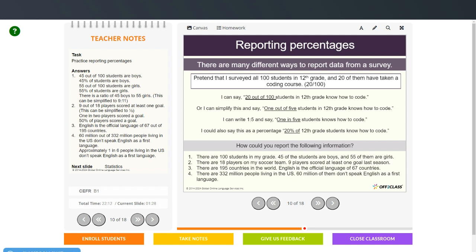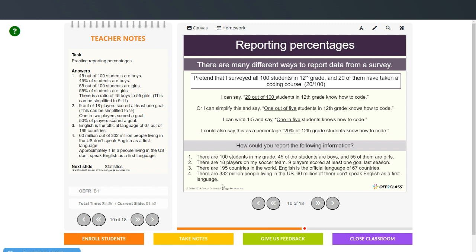So number 2, there are 18 players on my soccer team. 9 players scored at least one goal last season. So 9 out of 18 players scored at least one goal, and that can be simplified to 1/2. You could say 1 in 2 players scored a goal, or 50% of the players scored a goal.